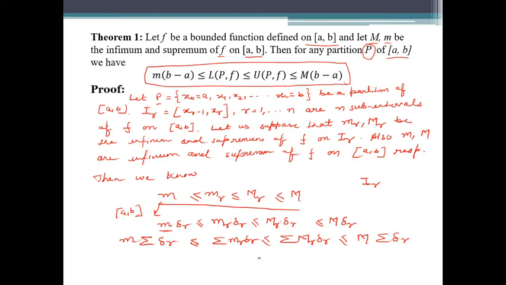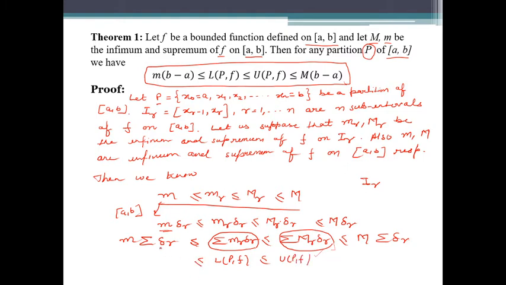Now you can observe that the summation of m_r delta r is nothing but L(P,f), and the summation of M_r delta r is our upper Darboux sum, U(P,f).